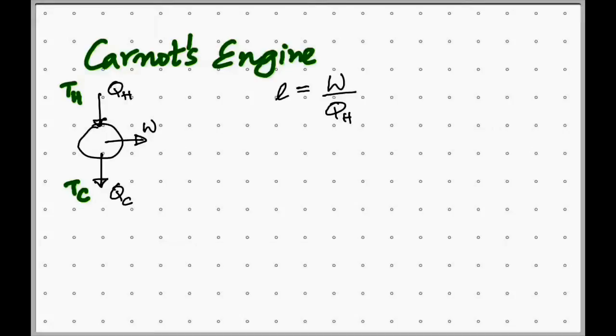Output is the work and input is what it takes in, right? Because we know that work is QH minus QC, you could figure that into this.